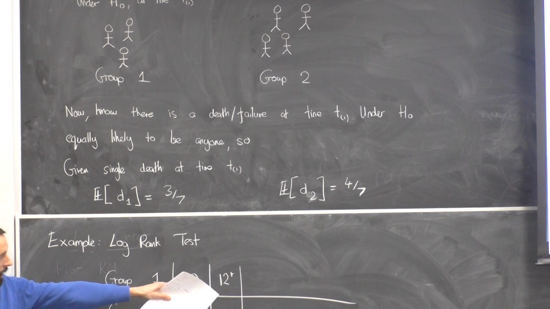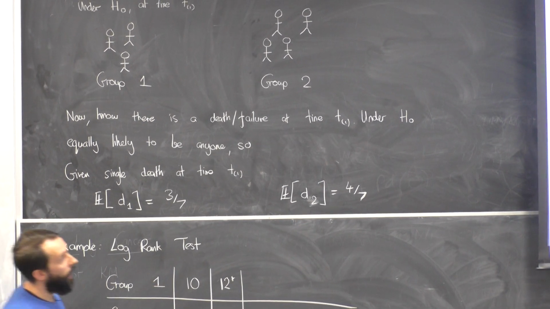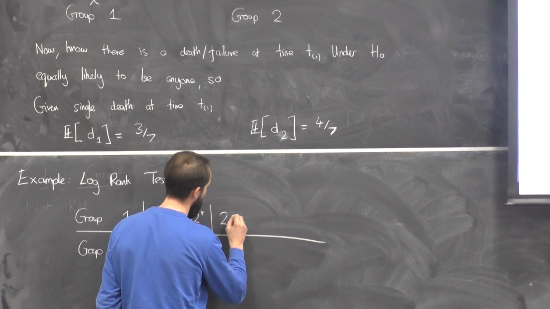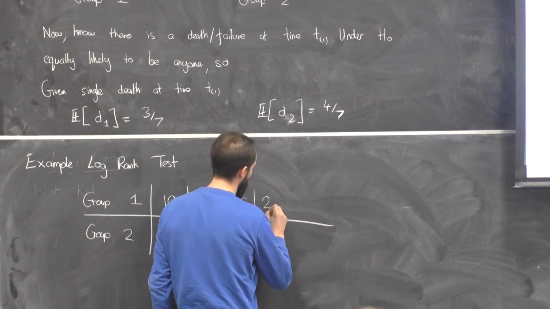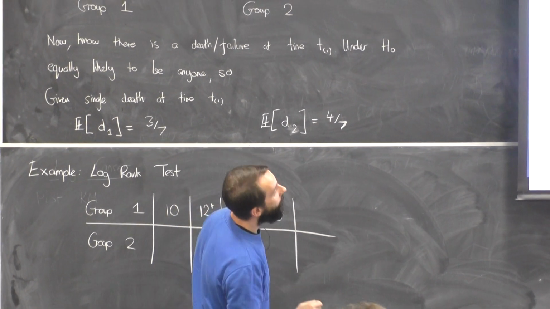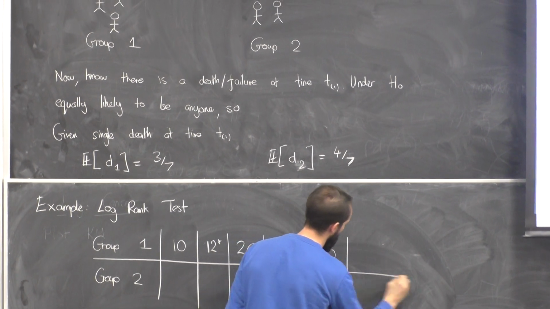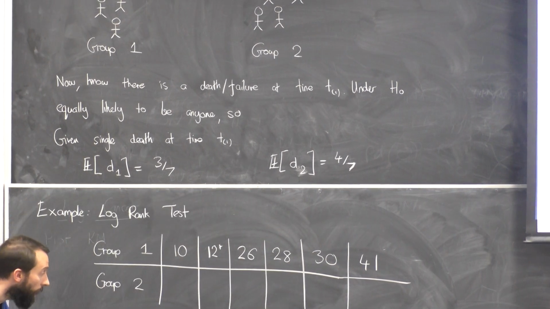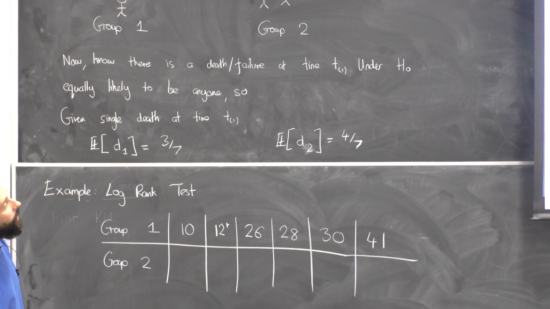So all I know is that somebody hadn't died by 12 weeks, but I don't know exactly when they died after that. Then I've got 26 weeks, 28 weeks, 30 weeks, and then 41 weeks. So just order them so they're all in ascending order.